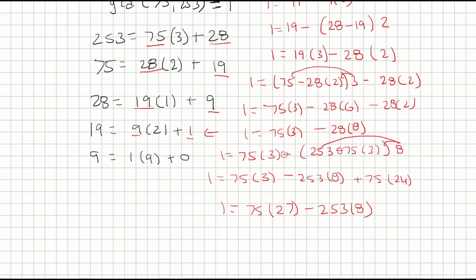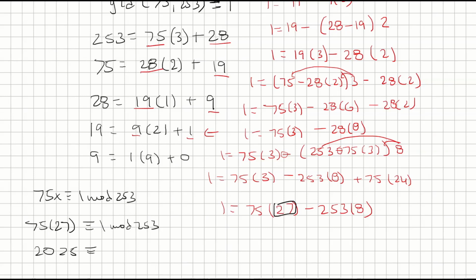From here, we want to solve 75x is congruent to 1 mod 253. So notice that we'll go to 75 here. That's a 27. So if we do 75 times 27, that's going to be congruent to 1 mod 253. Okay. And so you can check that by multiplying 75 times 27, that's 2025.